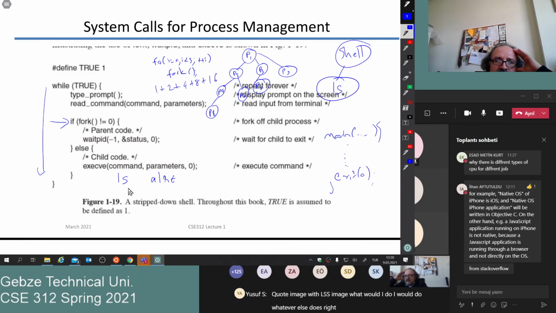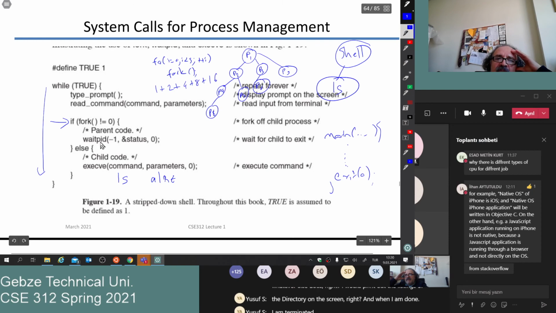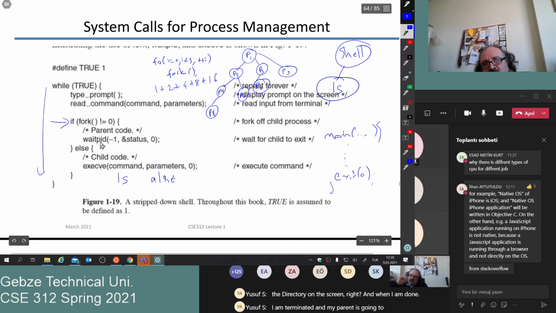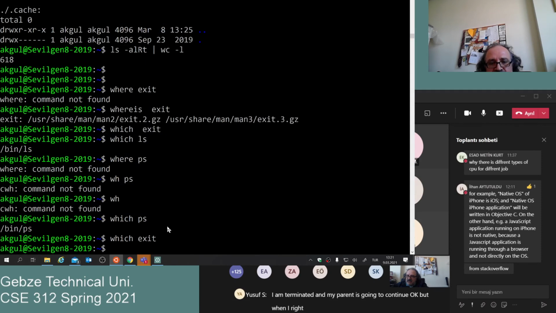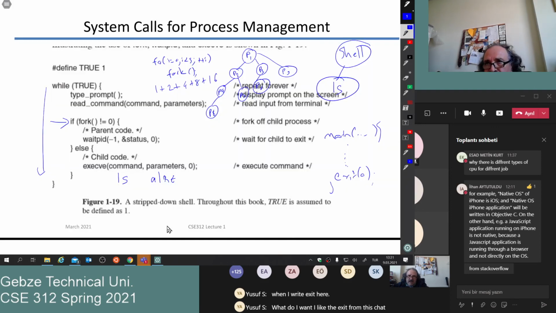I would print out the listing of the directory on the screen, and when I am done, I am terminated and my parent is going to continue. But when I write exit here, I would like to exit from this shell.